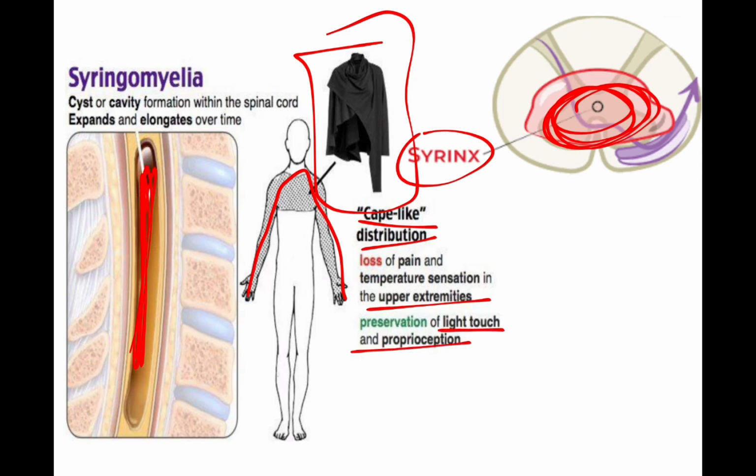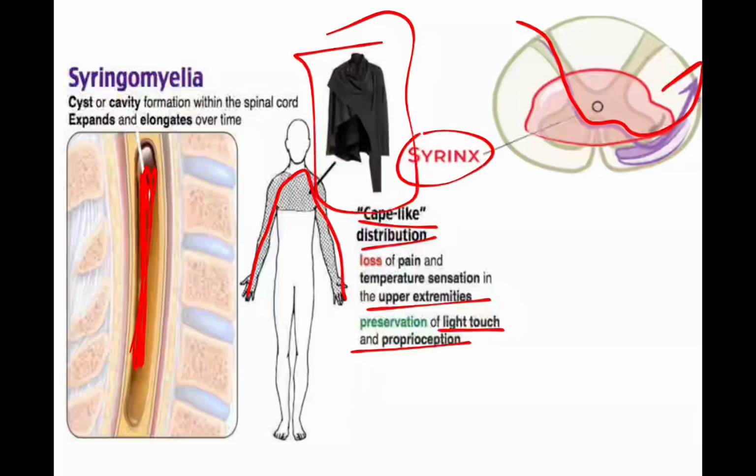Why are light touch and proprioception preserved? Because the dorsal column, which is responsible for fine touch and proprioception, is not affected. But if you look at the lateral spinothalamic tract, look at this, it passes in the anterior white commissure and goes like this, so it is affected. So there's going to be bilateral loss of pain and temperature sensation.